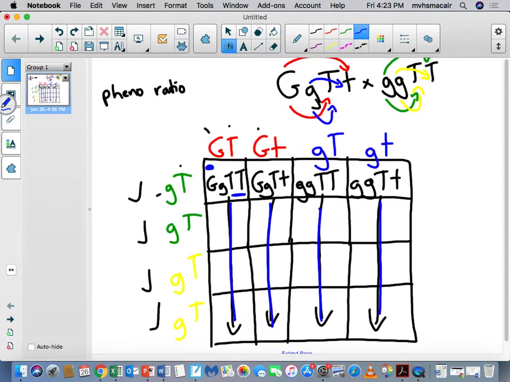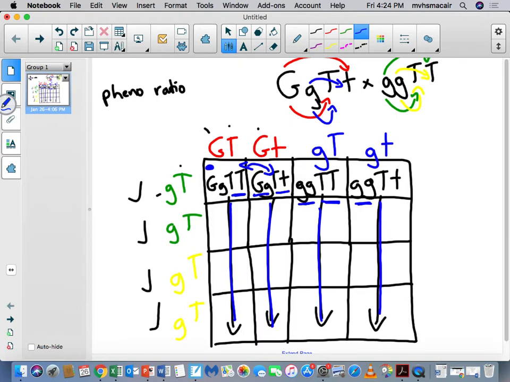So we have green skin and spots for column 1. Column 2, heterozygous, heterozygous. So in a sense, these ones are the exact same. Even though their letters aren't the exact same, because those dominant traits are there, they will be the same. Third one over, we have two little g's now, and we have a homozygous dominant with the spots here. So now we have yellow skin and spots. It's a little different than the first two.